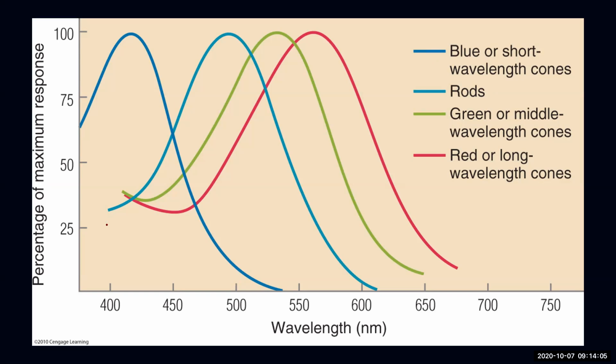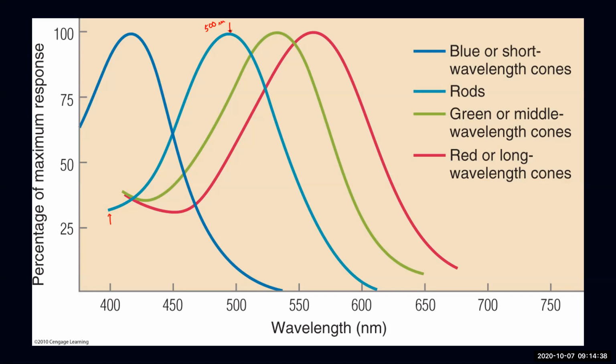If we shine 400 nanometer wavelength, a rod will have a small response. As we move towards, say, 500 nanometers, now we get our maximal response. Okay, so all photoreceptors, including rods, have wavelengths where they have their peak response.